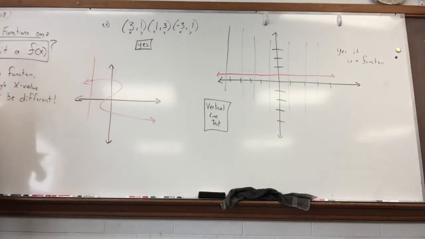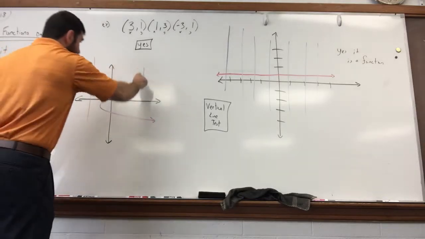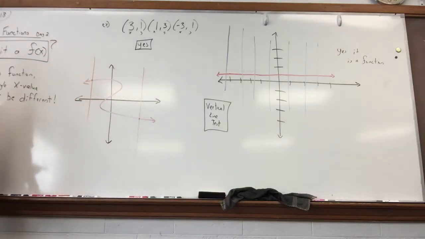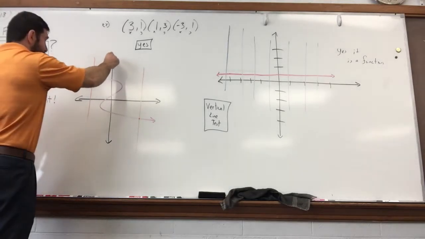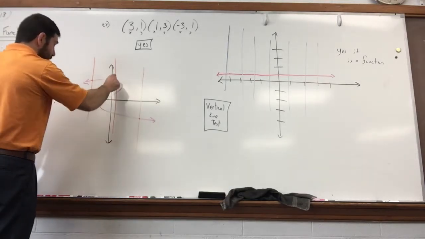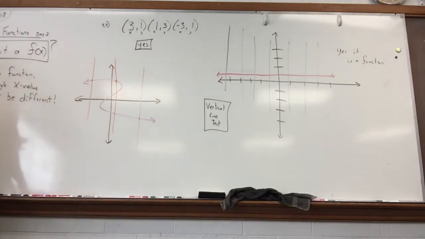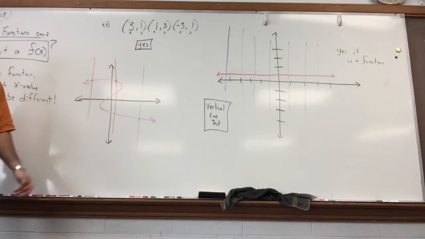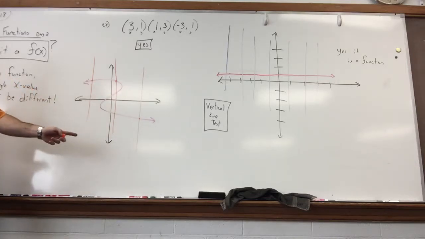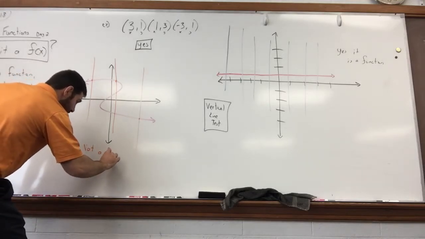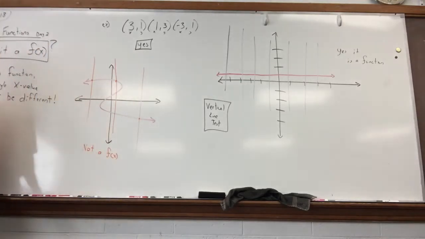Does that work? Yeah, that's great. How about over here? Intersects once. So far, so good. Is it going to always work like that? No. As soon as I draw this line here, once, twice, 3 times. As soon as it intersects more than once, how many x values do I have right there? I would have 3 of the same x values. So this is not a function.